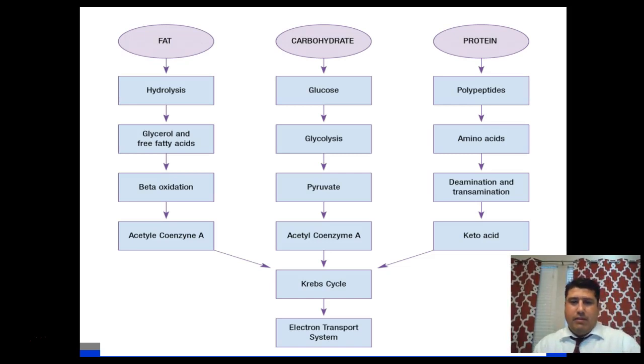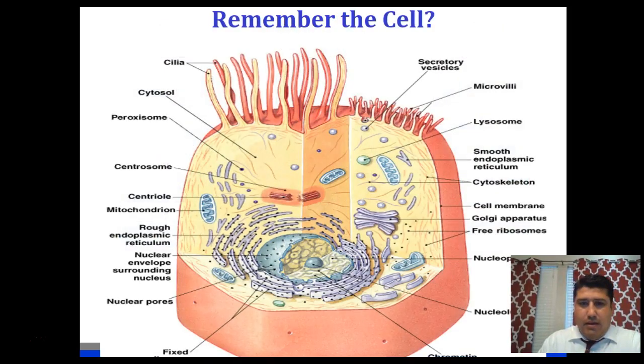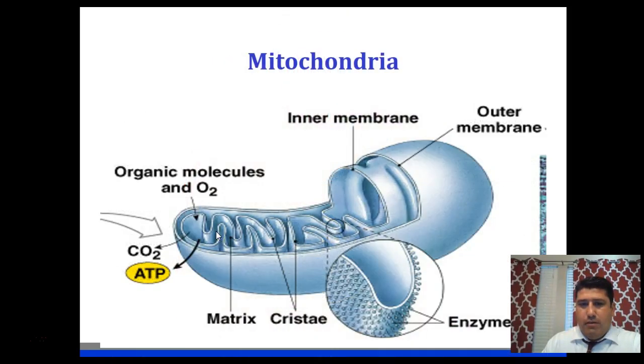All I want you to see from this diagram is they all end up in the same spot. When we look at the cell, they end up in these little organelles called mitochondria. You know that there's the nucleus, endoplasmic reticulum, sarcoplasmic reticulum, Golgi apparatus, and then you have the mitochondria. So all of the organic material, in the presence of oxygen, enters the cell and goes to the mitochondria.